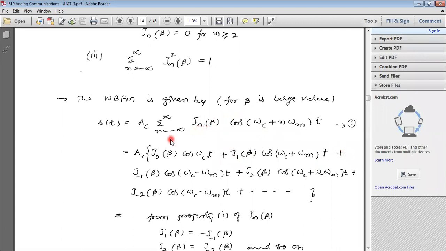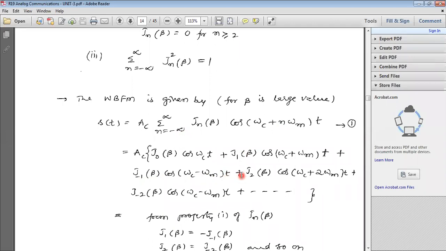If you observe here, n lies between minus infinity and infinity, so you also substitute n as minus 1. Therefore it becomes J_minus_1(beta) cos((omega_c minus omega_m) t).